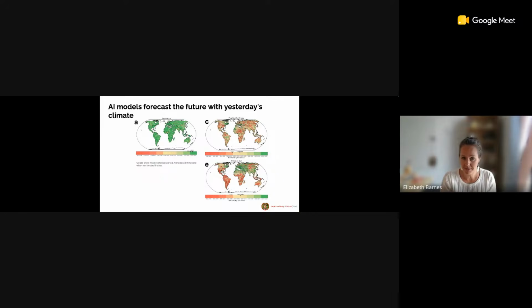We started out with the hypothesis, which turned out to be correct, that because of this non-stationarity in the data, these AI weather models are actually not really forecasting 2026 climate conditions. They're actually forecasting more like the year 2000 or 1990, somewhere in the middle of the distribution. What I'm showing you here on the upper left is a persistence baseline, and on the right are two different AI weather models.